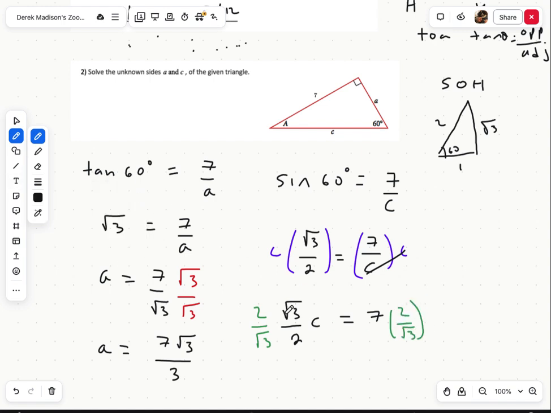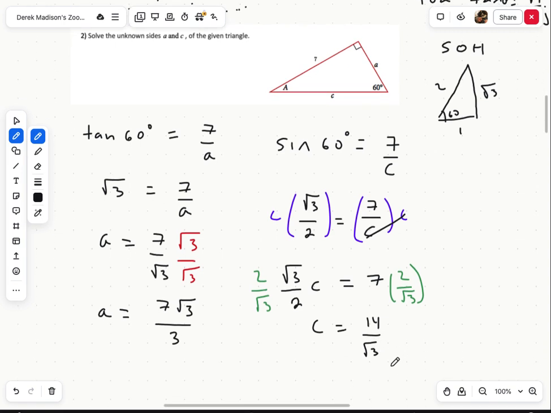And now that all cancels, and I have c by itself. So I end up with 14 over root 3. And then we should probably rationalize that denominator as we do. And we go root 3 over root 3. And that's going to give us 14 root 3 over 3.